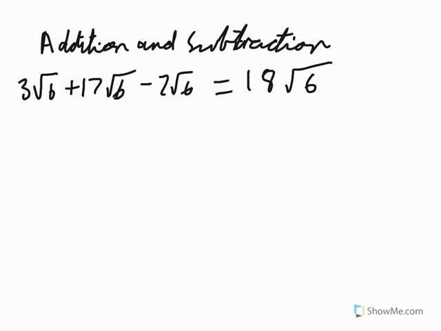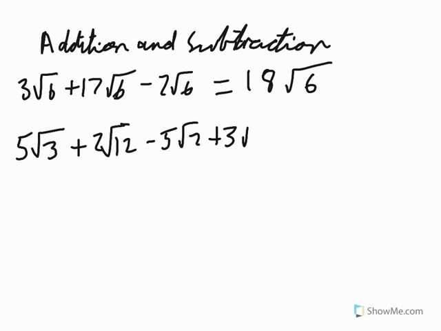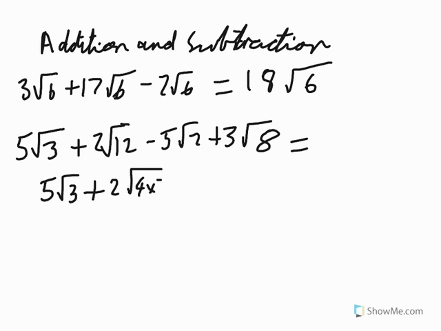There may be times where we need to simplify first, and here's an example of that. 5 root 3 can't be simplified any further, so that stays where it is. Well, root 12 can, because it's 4 times 3.